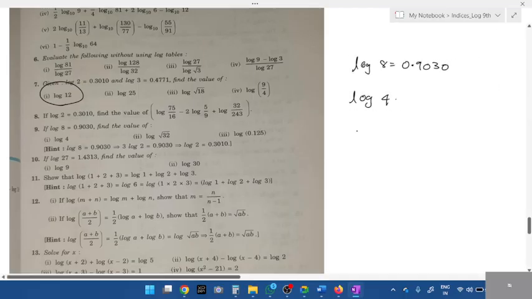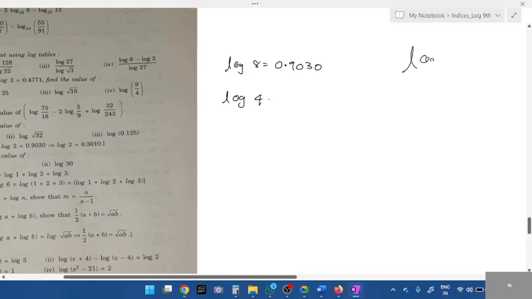How do you convert log 4, students? Ninth main, one minute. If the log 8 value is given. Okay, fine. Here, see, in the exam, what are the two values I told you they'll give you?